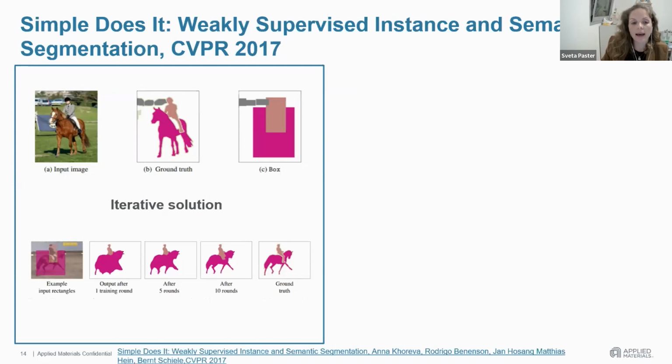What they claim is that once we train our segmentation model with this initial state, after one round of training, we can take the results and replace our ground truth with them, and then train again and again, iteratively. They claim that after 10 rounds, they get pretty good results.